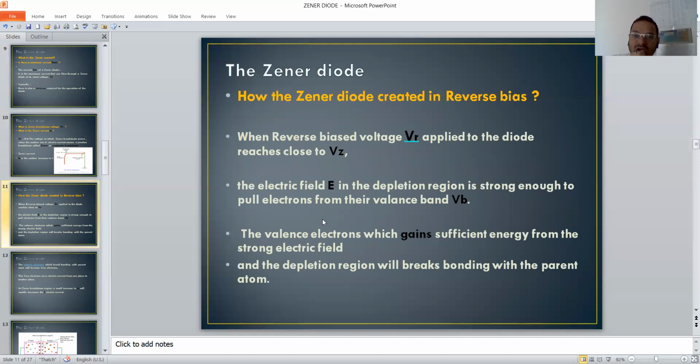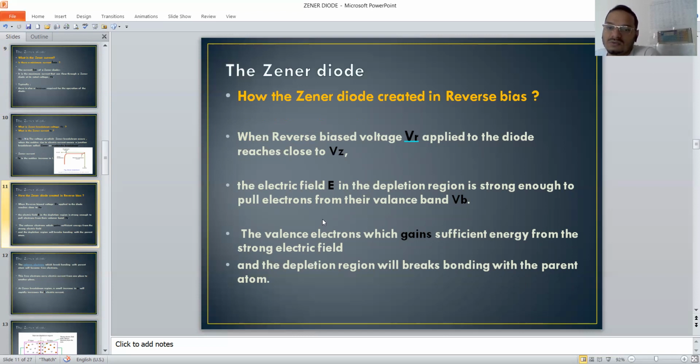How is the Zener diode created in reverse bias? When the reverse bias voltage applied to the diode reaches close to VZ, that means here the reverse bias is near or equal to the Zener voltage.